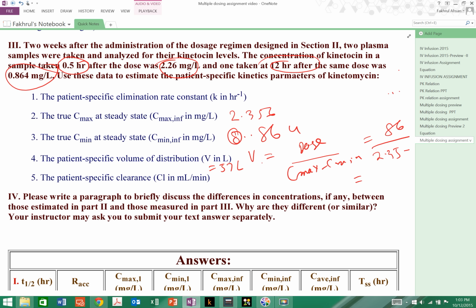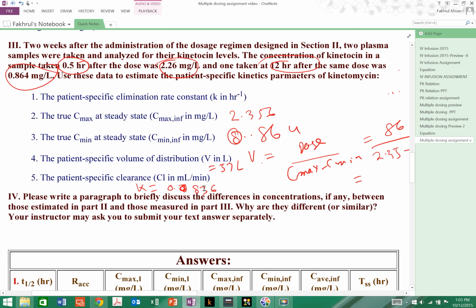And now it is asking for patient specific clearance. To calculate patient specific clearance, we have patient specific K, which was 0.0836.